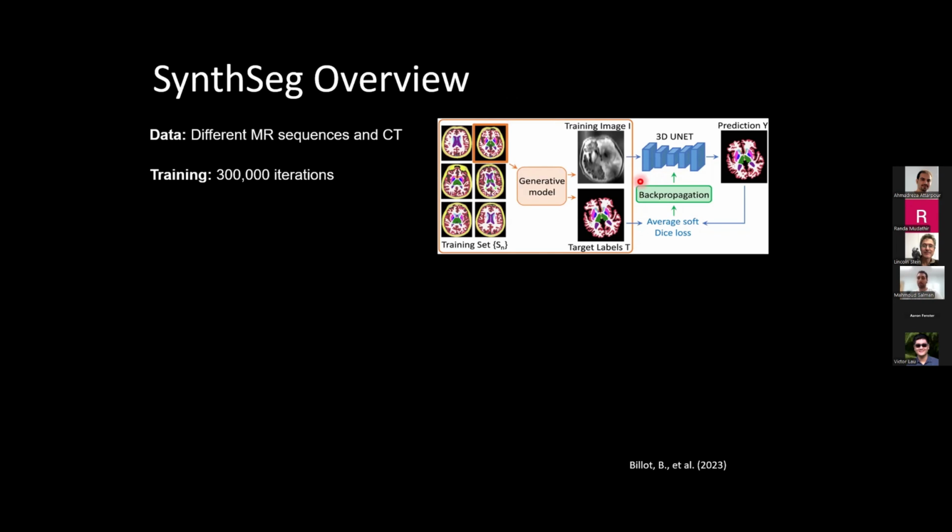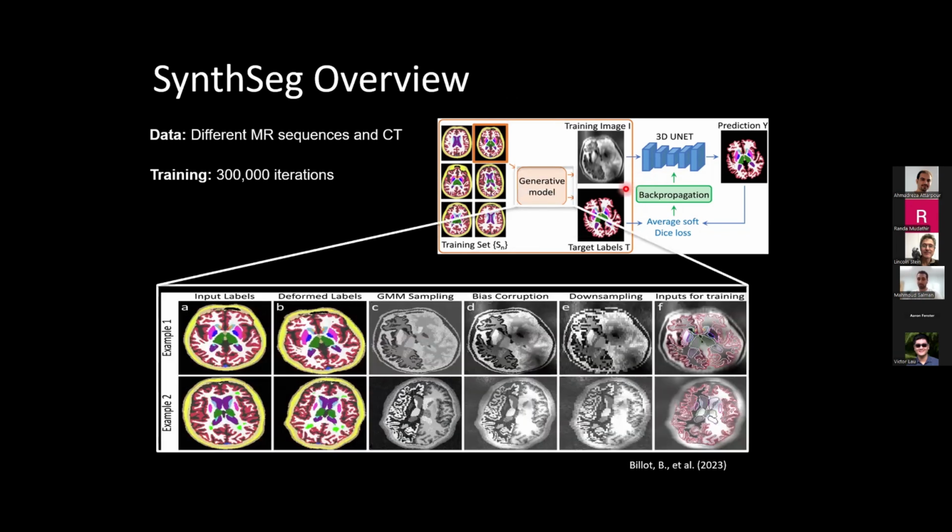So how does the synthetic data generation take place in the first place? If we have only the input segmentation labels, we do some deformation to introduce differently deformed structures. After this, for each label, we do GMM sampling, so each structure will have a different intensity, and we do bias correction and downsampling to introduce some augmentation to make the deep learning training more robust.